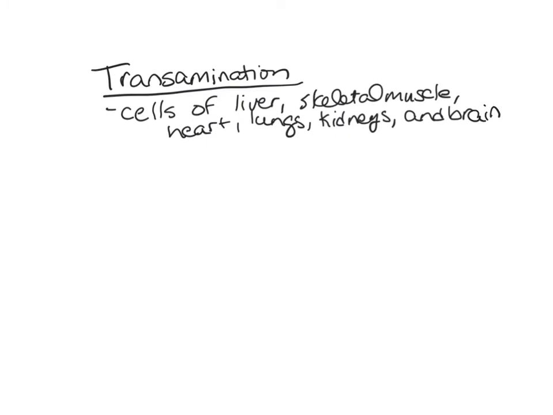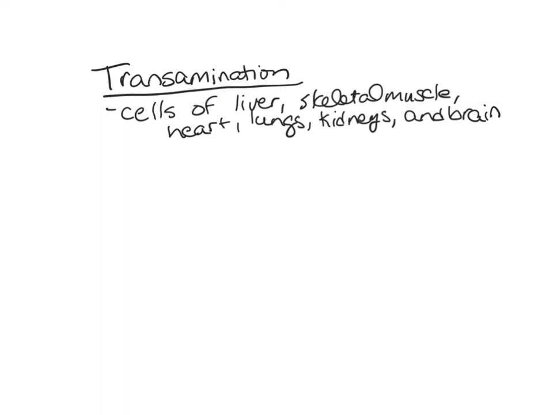In transamination, an amino group is removed from an amino acid and then transferred to a keto acid. Then we end up with a new keto acid and a new amino acid. The new keto acid enters the cytosol, and the new amino acid enters the citric acid cycle.